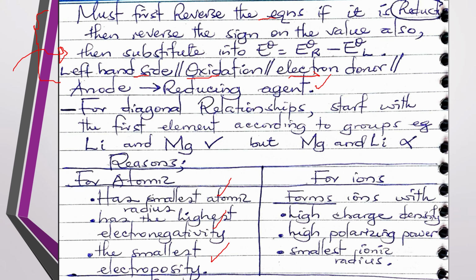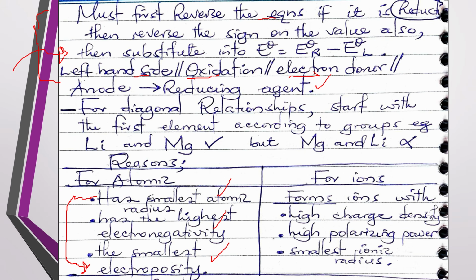When they talk about reasons or when they ask you why, you simply state periodicity terms that we looked at. Electron affinity, atomic radius, electrode potential, all the periodicity terms that we looked at are the ones that you mention under the reasons why a certain pair engage in diagonal relationships.